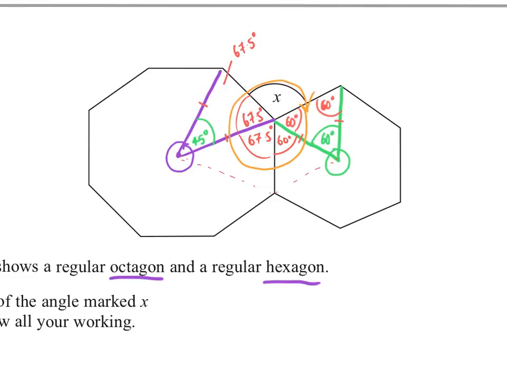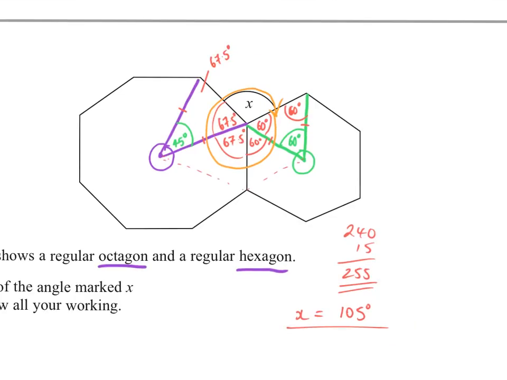So on your calculator you can add up all of these four, so that I think I'd make that in my head as 240 plus 15, which is 255, and then I know what's left must be 105 degrees for x. Okay, so that would be my answer.